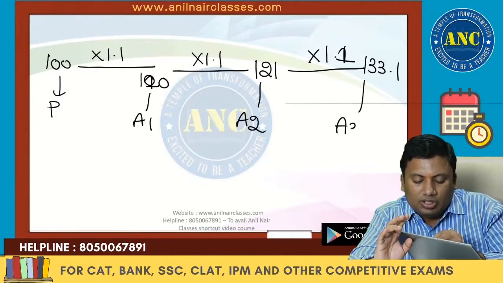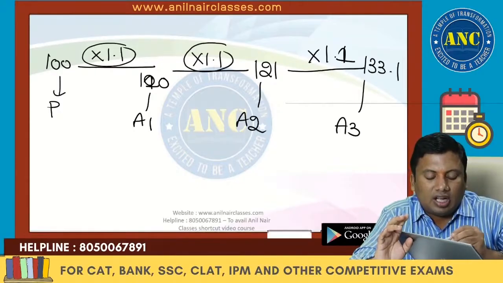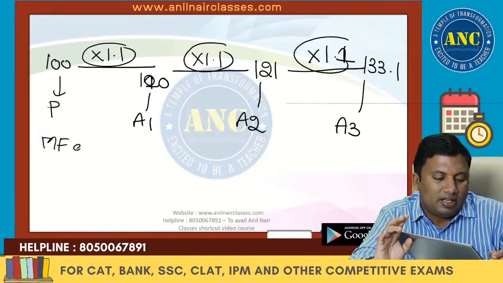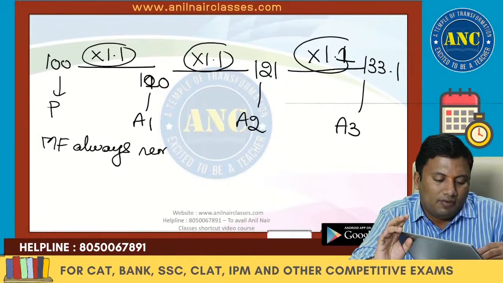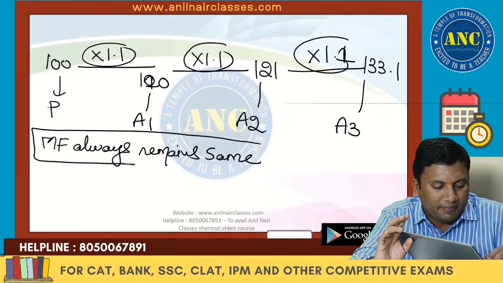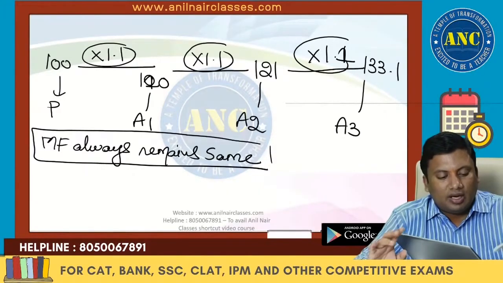This is the amount after the third year. The multiplication factor, which is the common ratio, always remains the same.